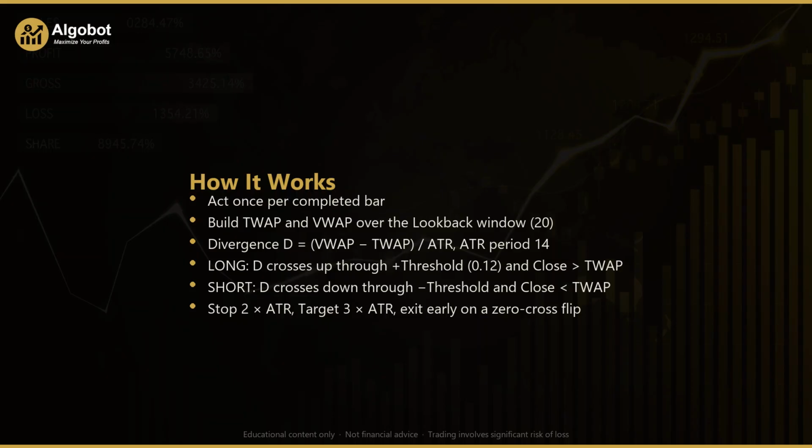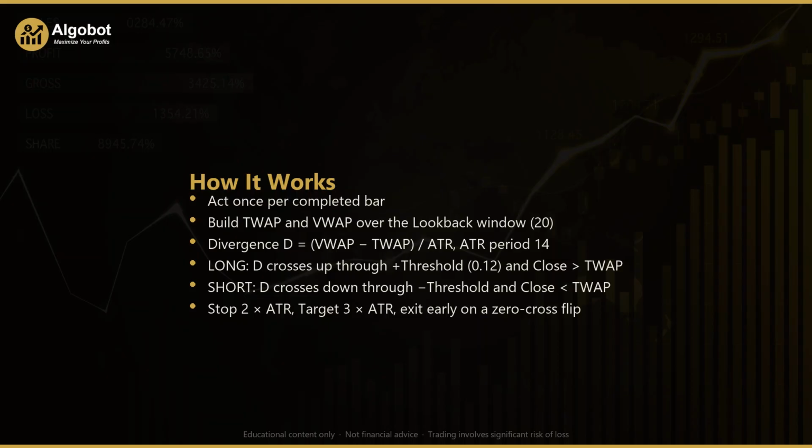Now for the signals. The strategy keeps the previous bar's divergence in memory so it can detect a fresh crossing rather than a stale condition. A long setup requires two things to line up. First, D must cross upward through the positive threshold, which defaults to 0.12 in ATR units. Second, the close must be above the time-weighted average, so that price itself agrees with the bullish reading.